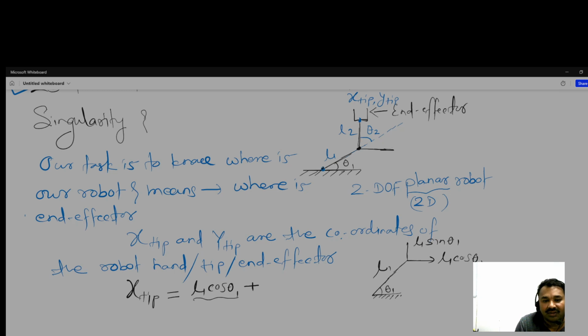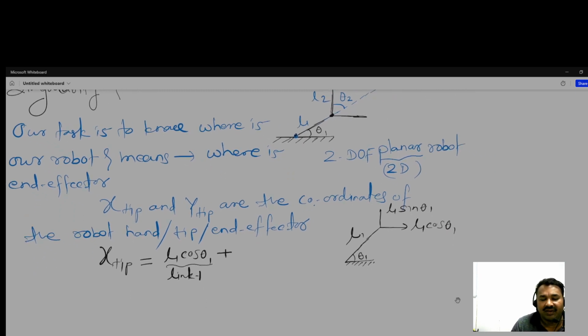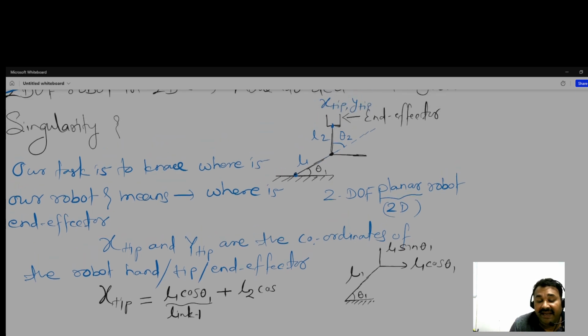So here x tip is equal to L1 cos theta 1 plus, this is for link 1. The same you have to get for link 2. So what will be L2 and cos of what? We are measuring from the horizontal axis.